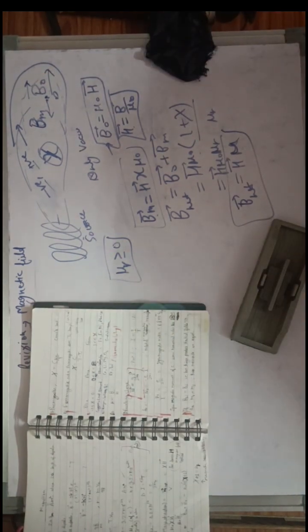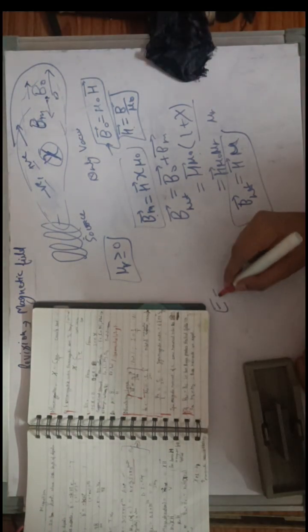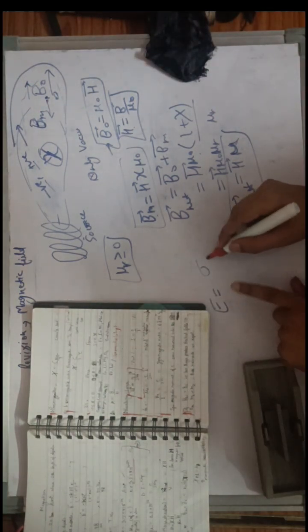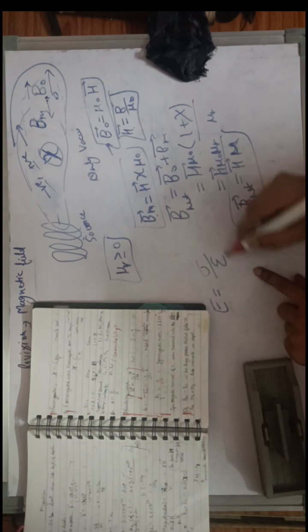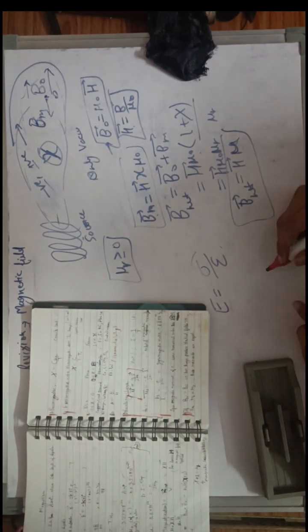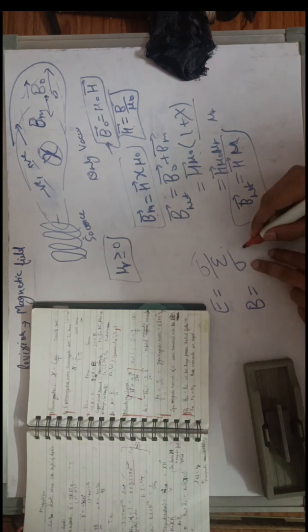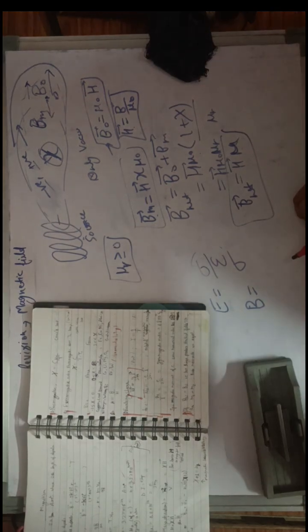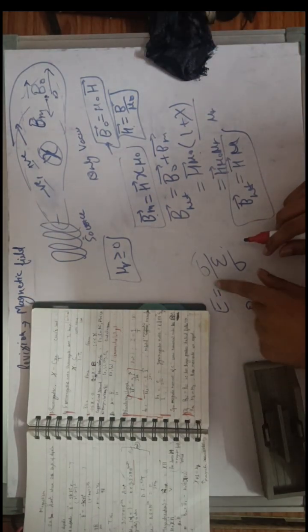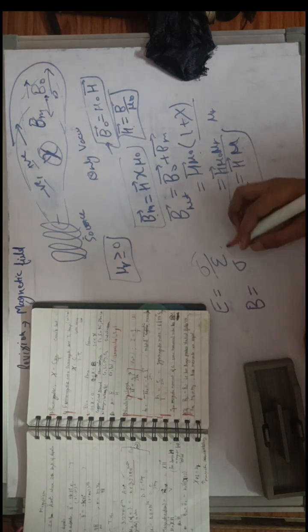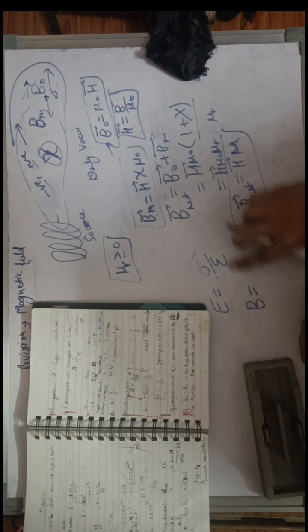And there is one more thing here. In case of electric field, we saw that electric field has the same dimension as sigma over epsilon. Similarly, in case of magnetic field, this will have the same dimension as sigma. This is the charge density.